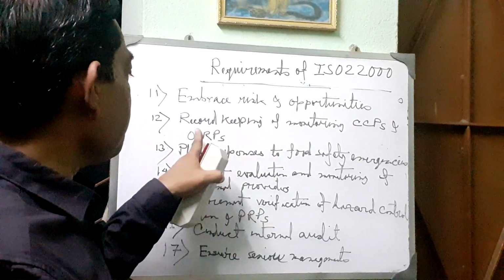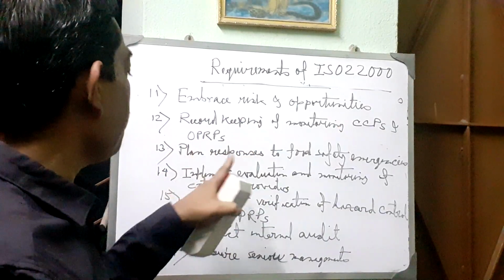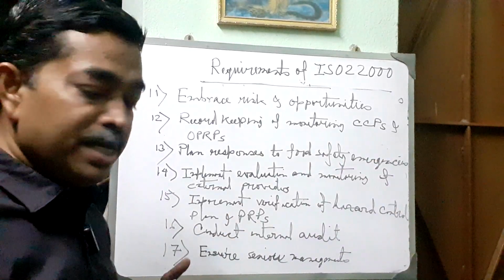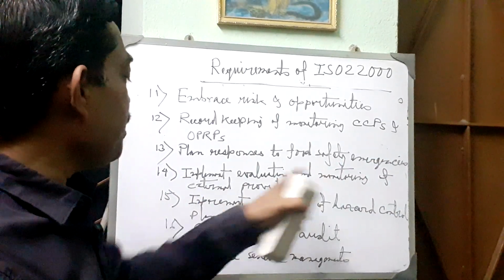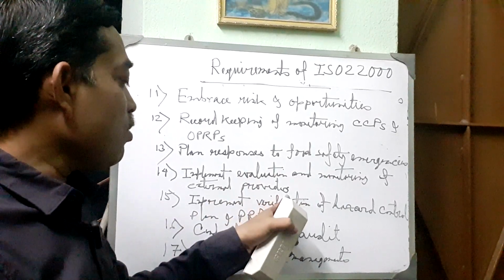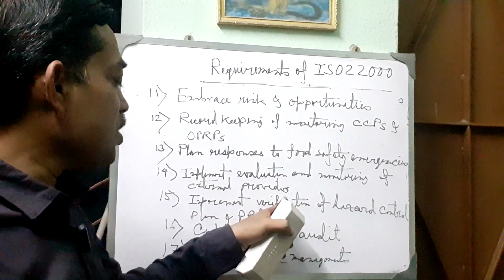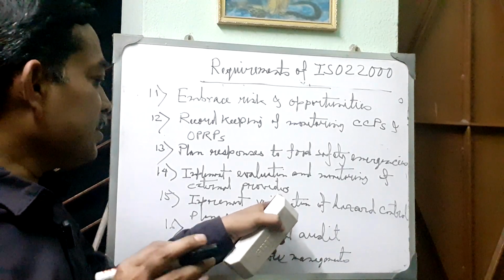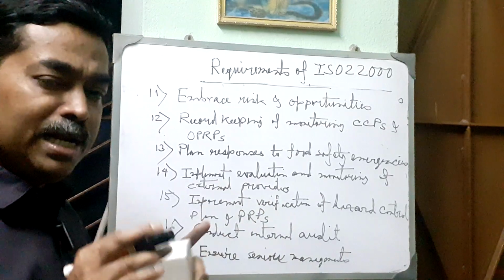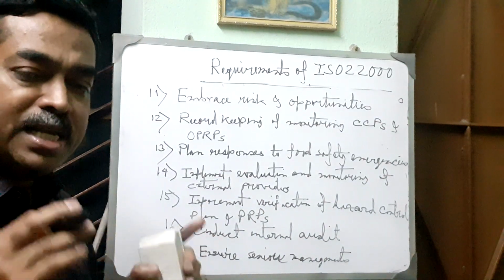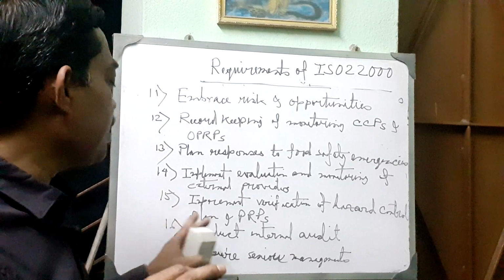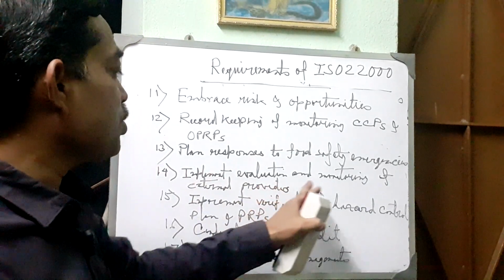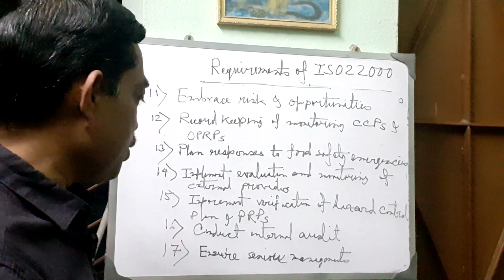I have already discussed record keeping of monitoring of CCPs and OPRPs, plan responses to food safety emergencies, and implement evaluation and monitoring of external providers, those who are raw material suppliers, packaging material suppliers, and those who supply your fuel, diesel, briquettes, where you have to check. You need a proper procedure for evaluation and monitoring of external providers.